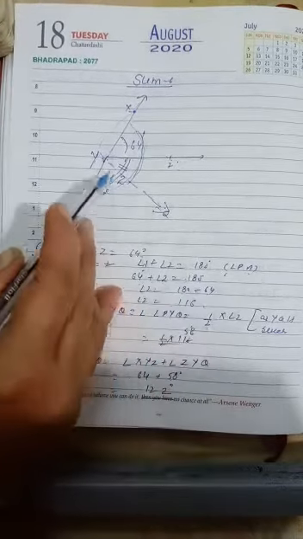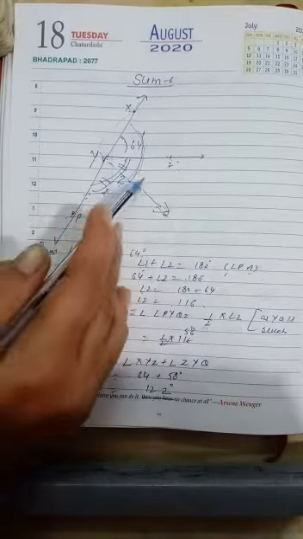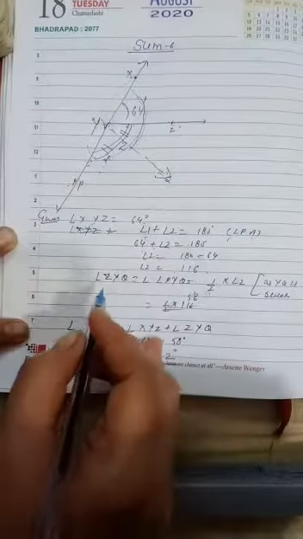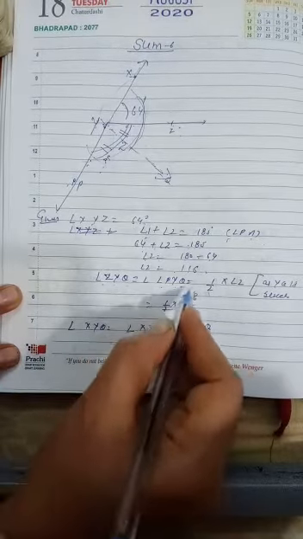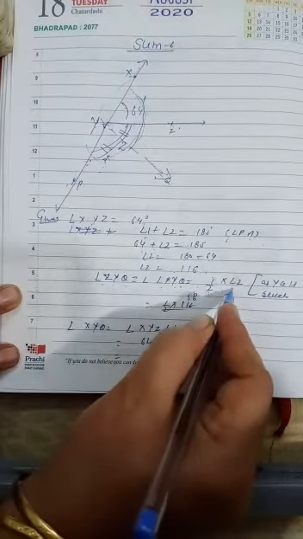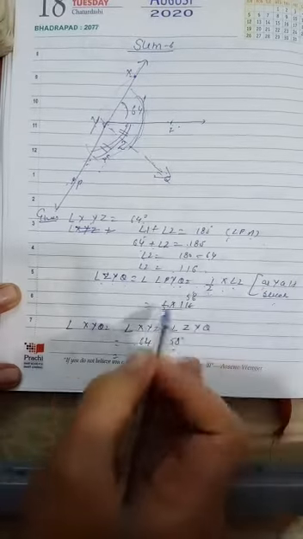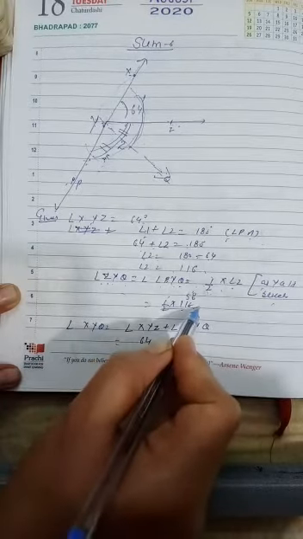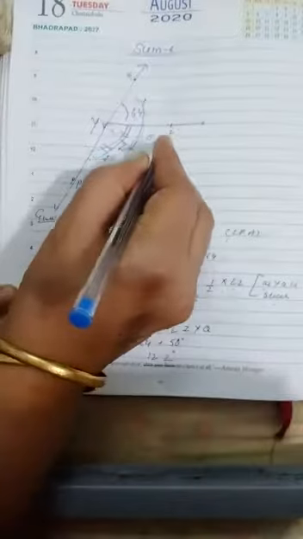Now as YQ is the bisector of angle 2, these two angles individually will be half of angle 2. So angle ZYQ is equal to angle PYQ is equal to half of angle 2, as YQ is the given bisector. So the value of each angle will become 1 by 2 of 116, that is 58 degrees. This angle is 58 degrees, and this also is 58 degrees.